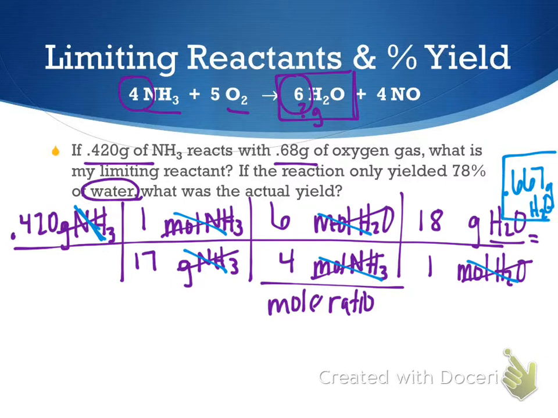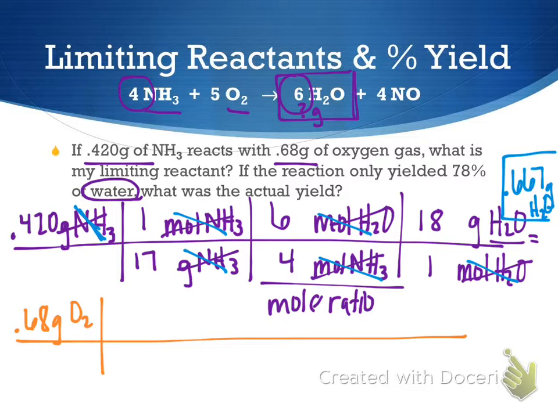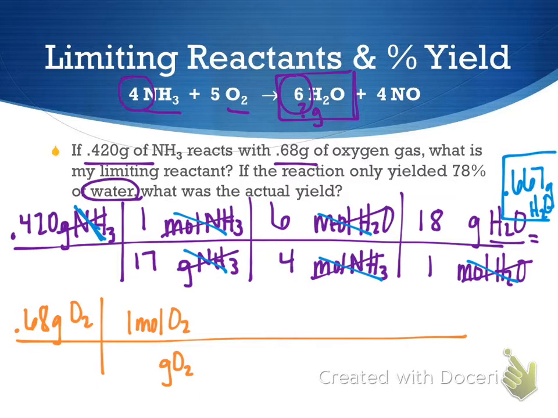Okay, now we need to see if oxygen yields something different. Okay, so oxygen, we're going to start with what we know. 0.68 grams of O2. We want to go from grams of oxygen to moles of oxygen. So grams goes on the bottom. Moles gets the 1. The molar mass of O2, be careful here, you're not just using O, is 32 grams.